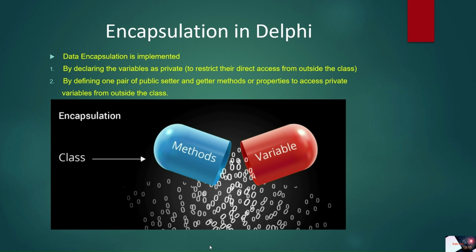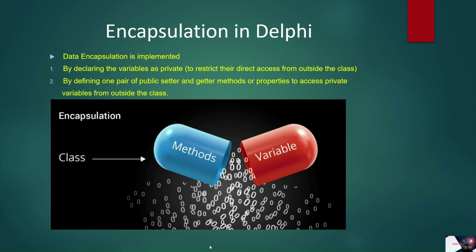So we can avoid access to the data members from outside of the class, directly through the object. For this, we can define public setter and getter methods or a property to access the private variable from outside of the class. So we will not allow variables to be accessed directly from the class.